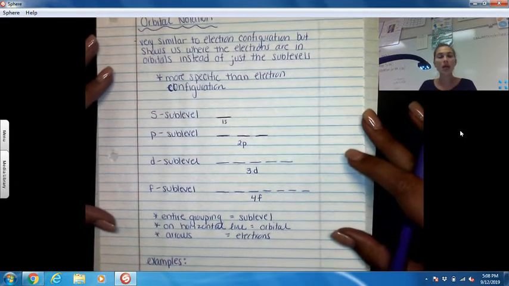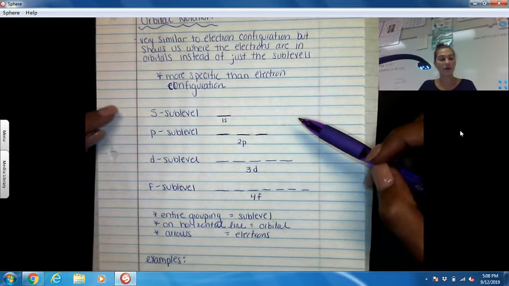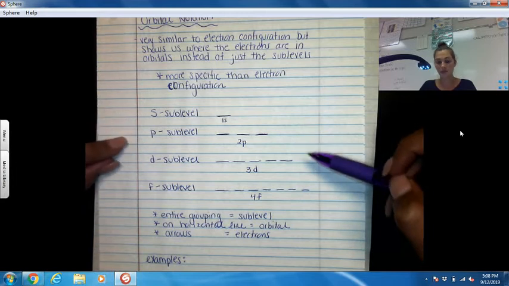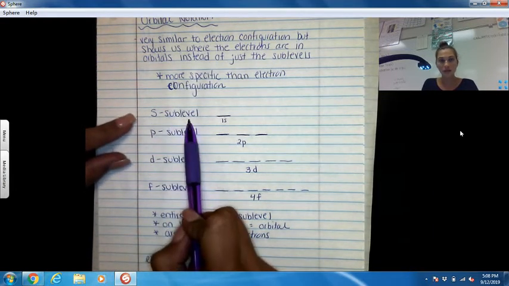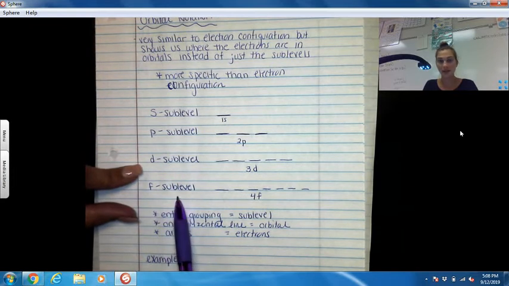So we are going to call each of our different blocks on our periodic table sublevels. So we have an S sublevel, we have a P sublevel, a D sublevel, and an F sublevel.